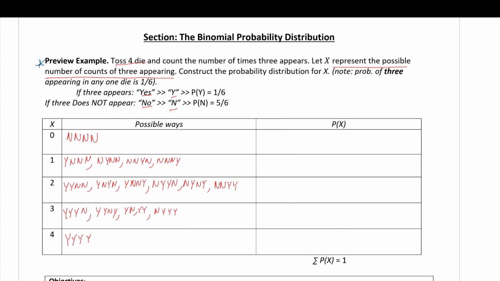What's the probability of not getting a 3? We know it's 5 out of 6 for each one of these. So there's 4 of them.